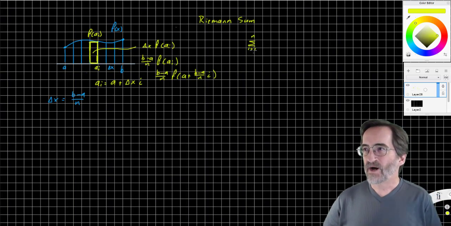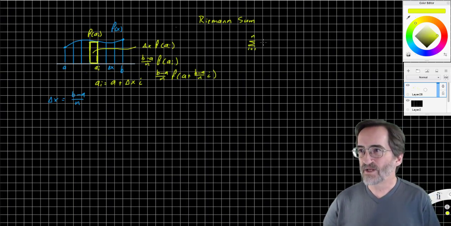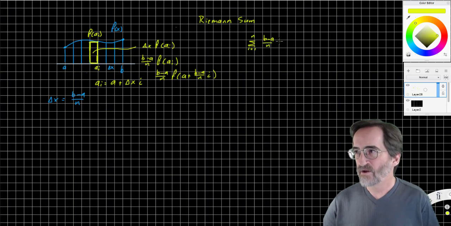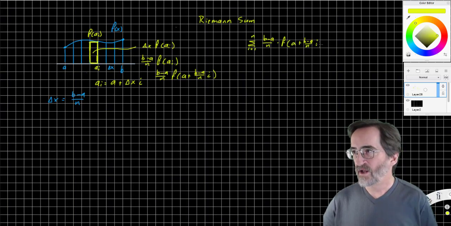The sum from i equals 1 to n of (b minus a) over n times f of a plus (b minus a) over n times i. And I think the book puts the (b minus a) over n at the end.